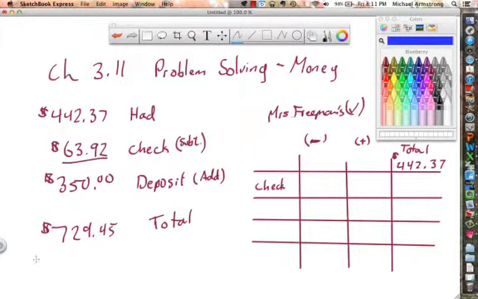So we're just going to have to do a subtraction problem. $442.37 is what she had. This is her total. She writes a check, which is a minus of $63.92.